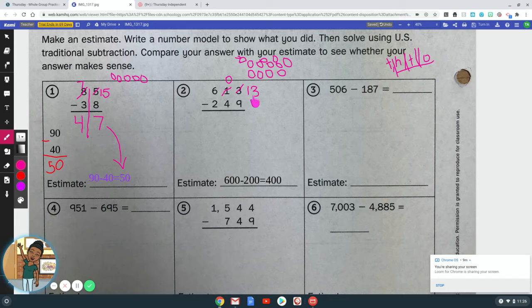So now I have 13 ones. I'm using my drawing tool. 13 minus 9 equals, yes, 4.